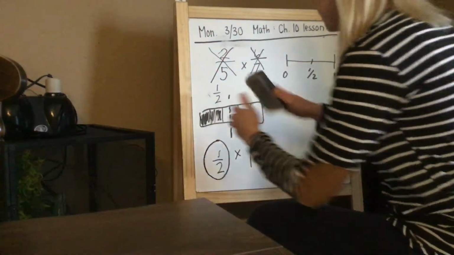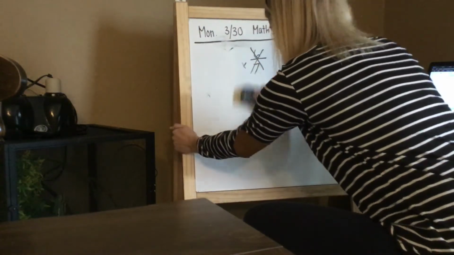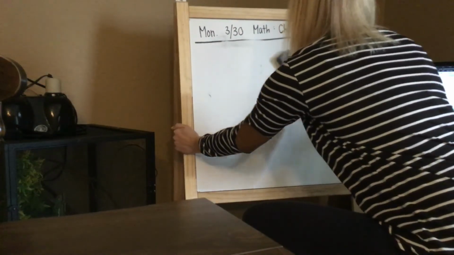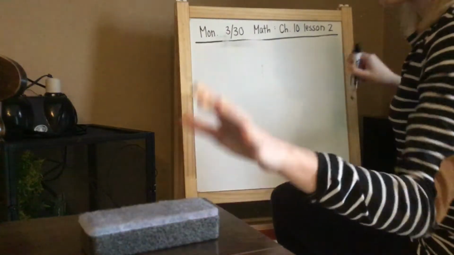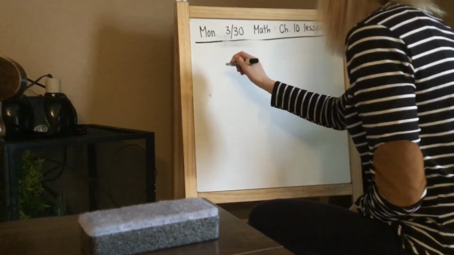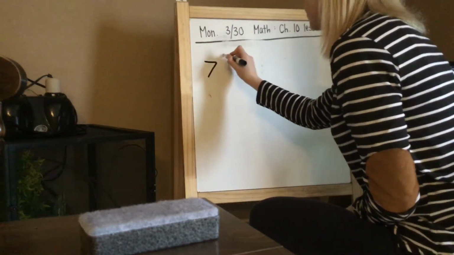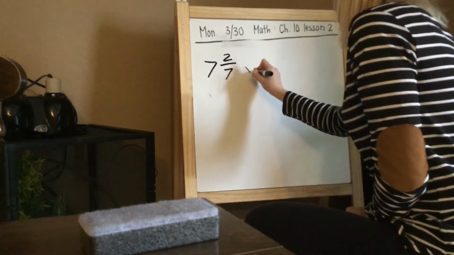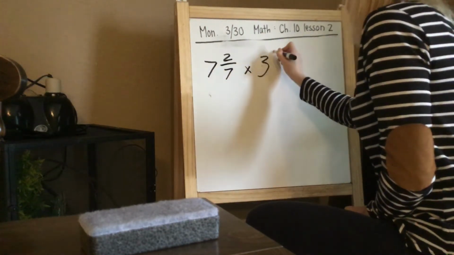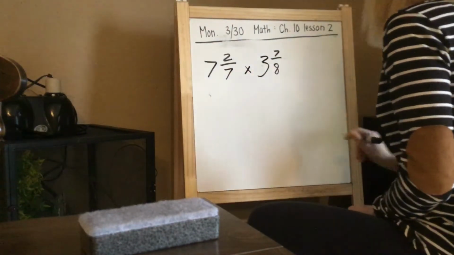All right. In example 3, we have 7 2/7, and we're multiplying that by 3 7/8.